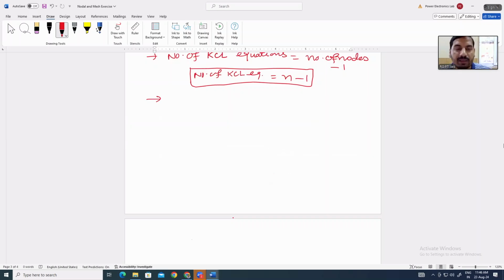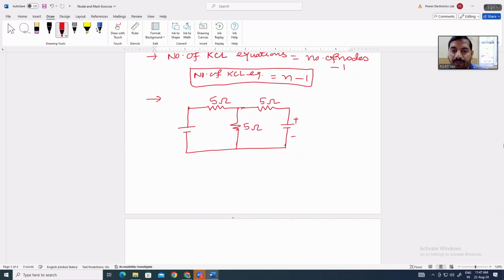Now we will take the same example we have seen in our previous circuit. We have taken 5 ohm, 5 ohm, 5 ohm resistances, plus minus.